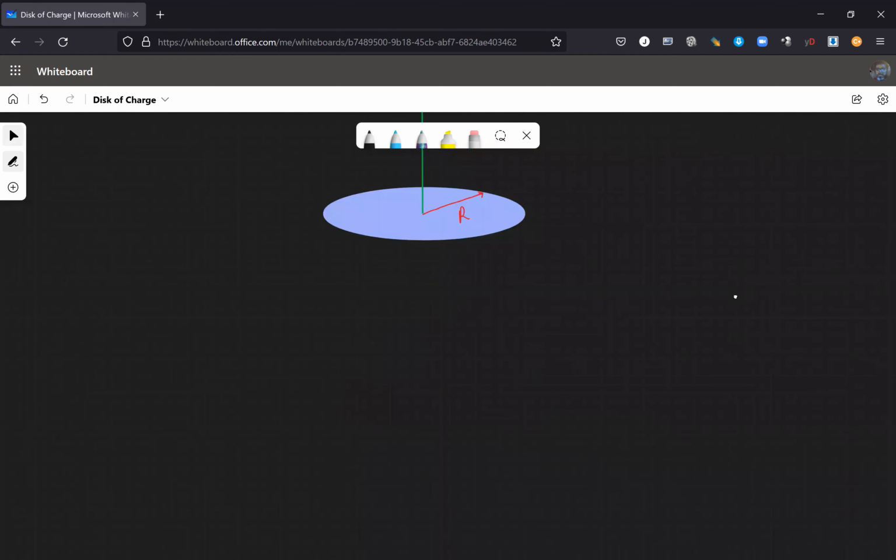From the previous example, we had a ring of charge q, and right above it, point P. Let's just take its radius to be little r.